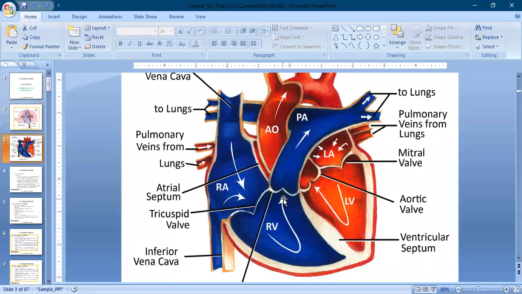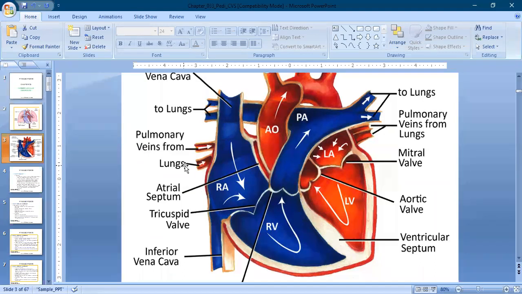So this is the structure of the heart, and the heart is divided into four chambers. So this is the right atrium, right ventricle, left atrium, and left ventricle. So if I divide the heart right and left, on the right side, two: right atrium, right ventricle; left side, left atrium, left ventricle.